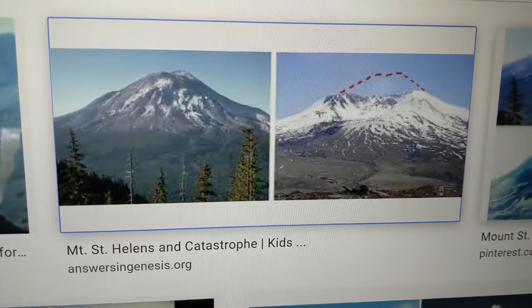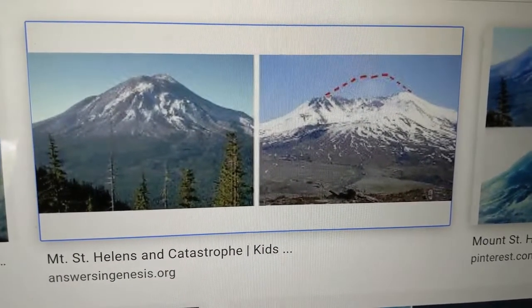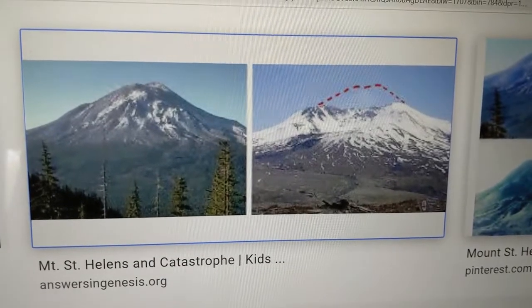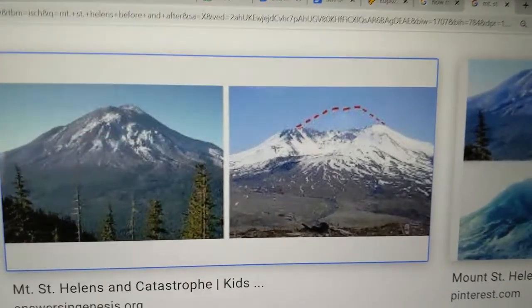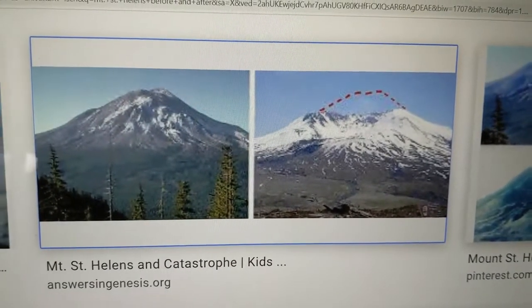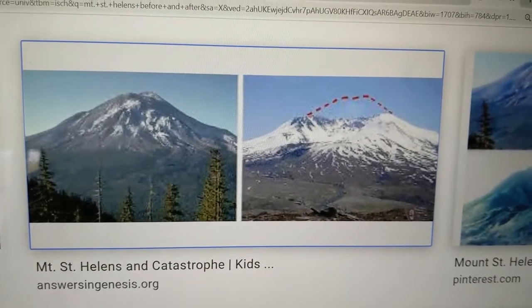It actually exploded so much that it damaged the overall shape of the Mount St. Helens mountain itself. This picture on the left is a before, and this is an after the 1980 eruption. How crazy. It erupted so violently that it literally blew itself up. So in the past 500 years, scientists have estimated that Mount St. Helens has had somewhere in the range of 4 major explosive eruptions.